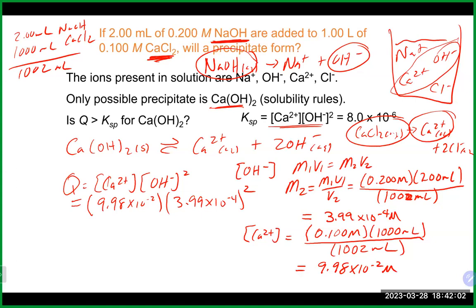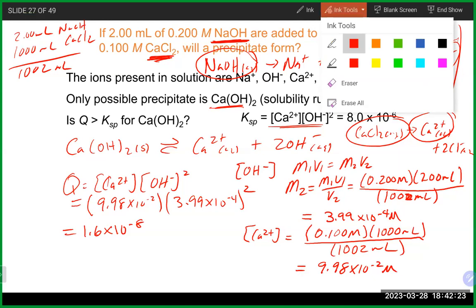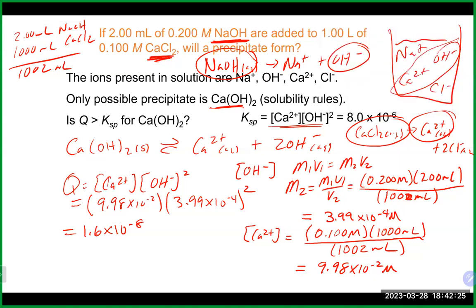No squaring on the calcium. Going to give us, we'll call it, 1.6 times 10 to the minus 8. Any question on that calculation? All right, so again, it's important to make sure that you get the proper concentrations before you go into the Q expression here. You do want the concentrations of it, obviously, in the mixture when they come together.